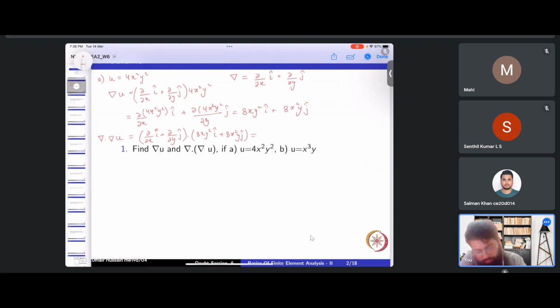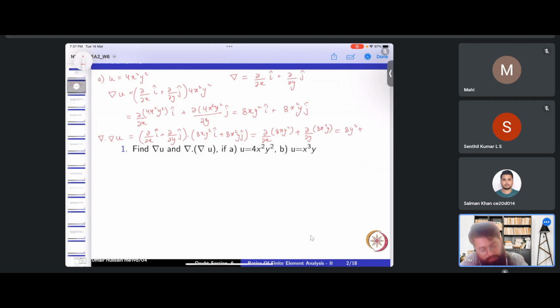So how do we do the dot product? We multiply the components of i together and j together. So again, taking the derivative of the first term with respect to x, we get 8y square.